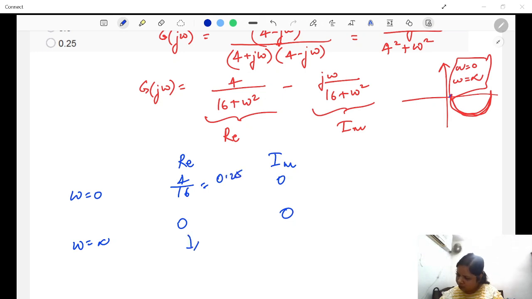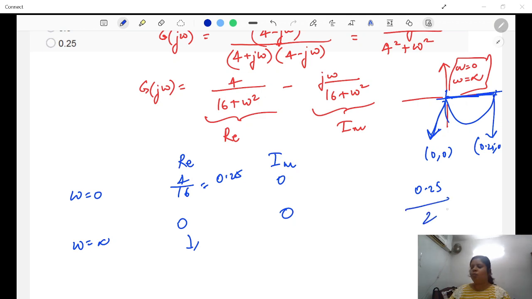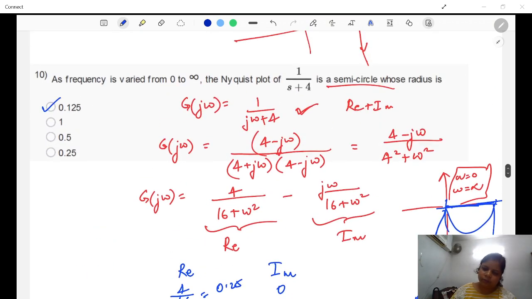That means it would start from here, this would be 0, and this point would be 0.25 comma 0, and hence this whole thing is 0.25. Then my radius will be 0.25 upon 2, which is 25 upon 200, 1 upon 8, 0.125. Very good.